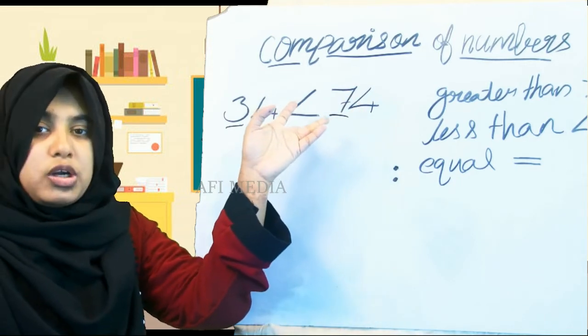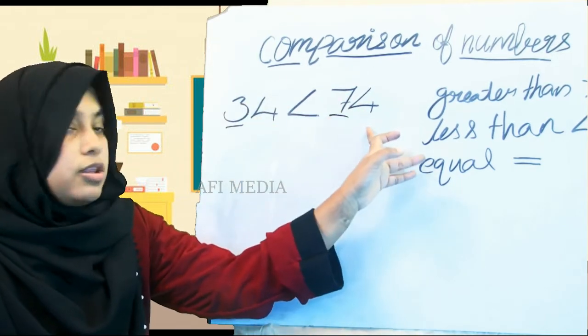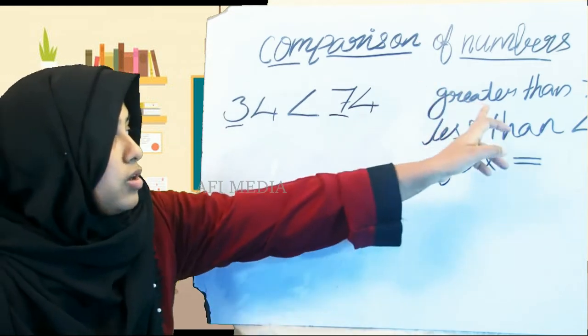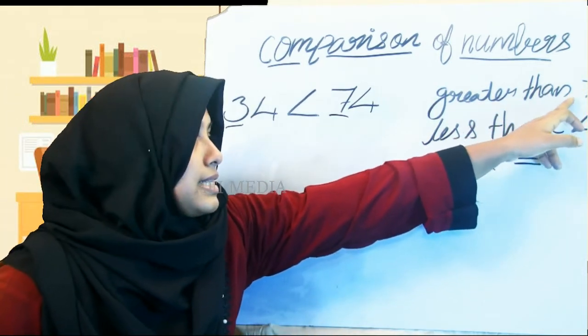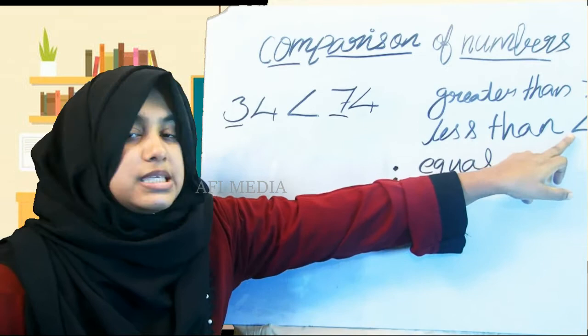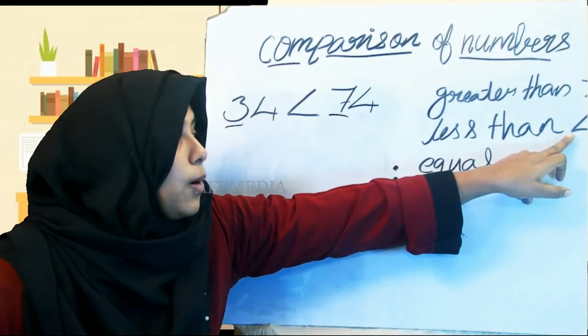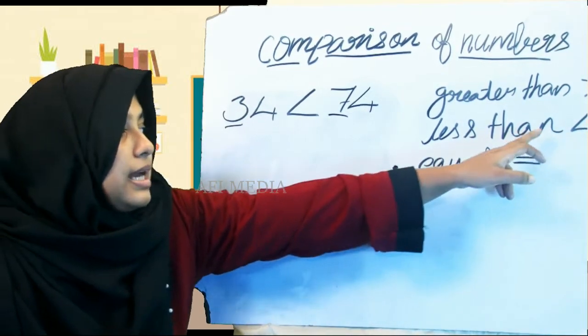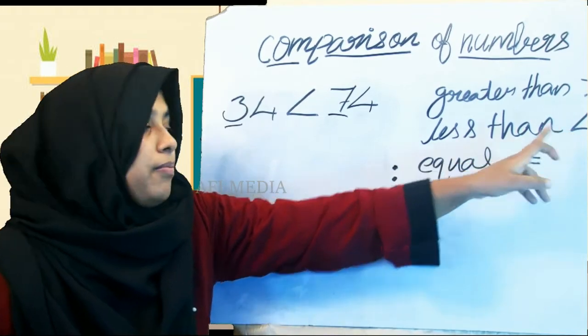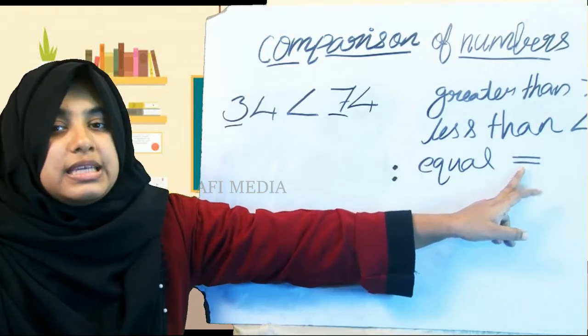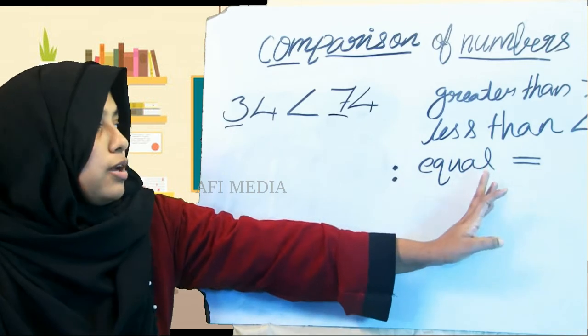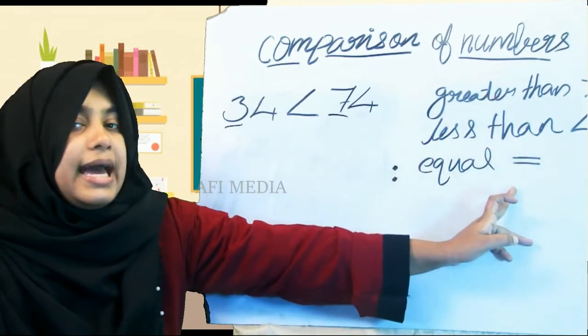So the crocodile opens his mouth toward 74. Greater than and less than have the point toward one side; equal to has two lines.